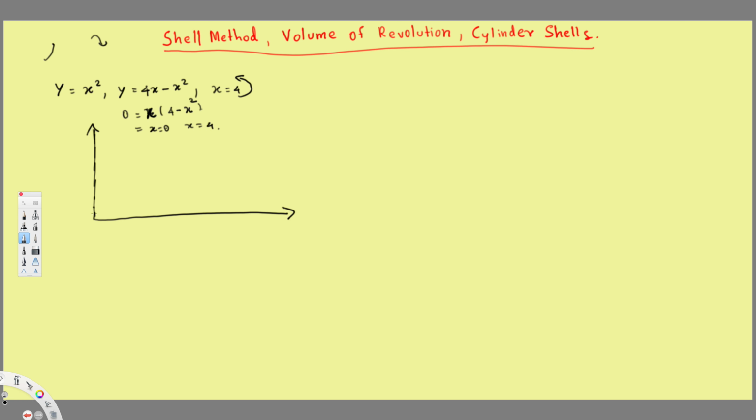So these are the two locations I'm going to get. So let's plug these values. X is equal to 0, x is equal to 4. So the opening down is going to be like this, 0 to 4. And this x squared, we know that's going to be starting from the origin, and it's going to cross somewhere right here.